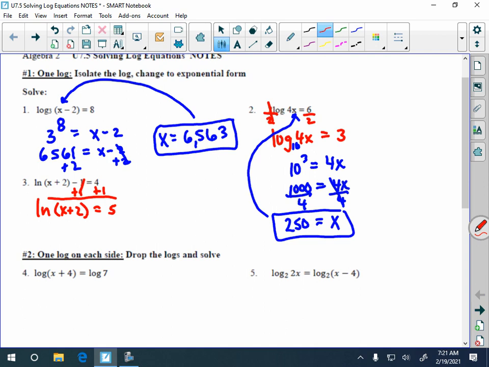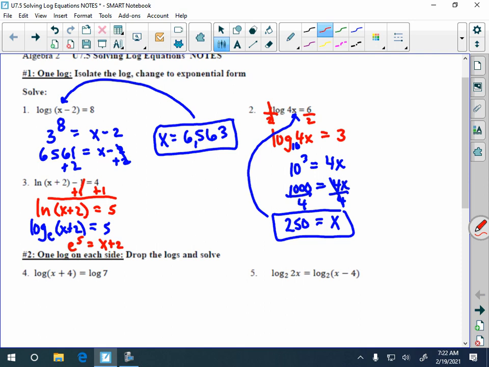There's no number being multiplied in front, so now we change it to exponential form. We need to remember the base. Natural log can be rewritten as log base e. So exponential form is e to the 5th power equals x plus 2.